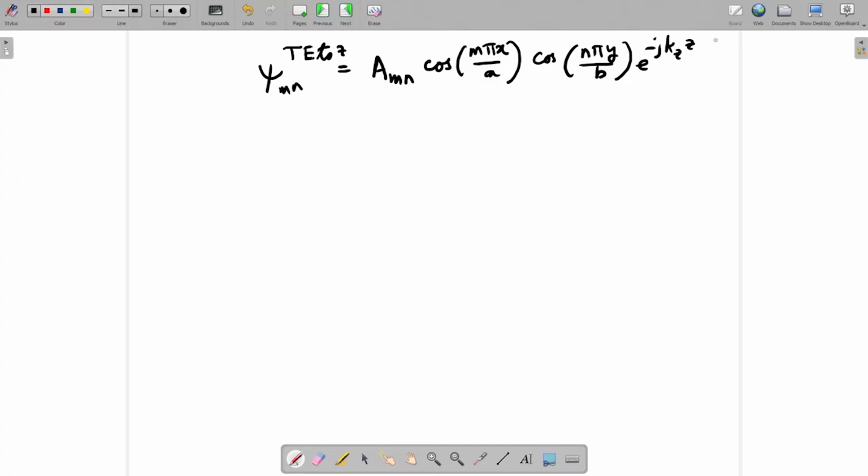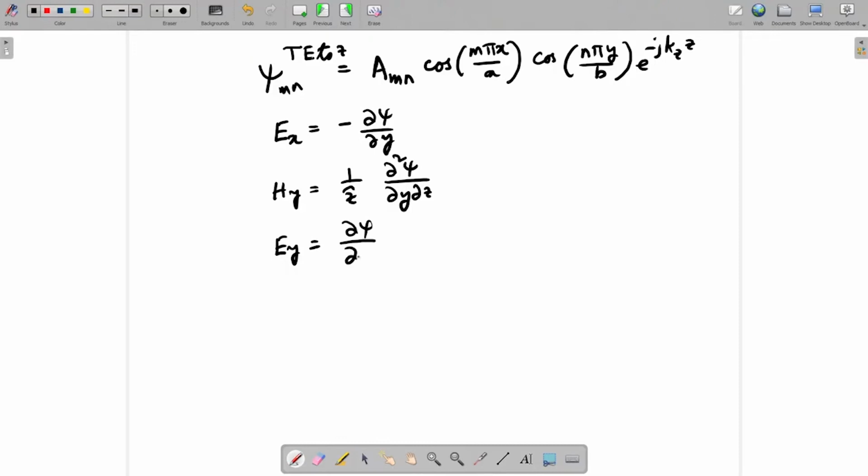A mn is the amplitude of the mnth mode. So, we know that E x is minus del psi del y, H y is 1 by Z cap del square psi del y del z, E y is del psi del x and H x is 1 by Z cap del square psi del x del z.